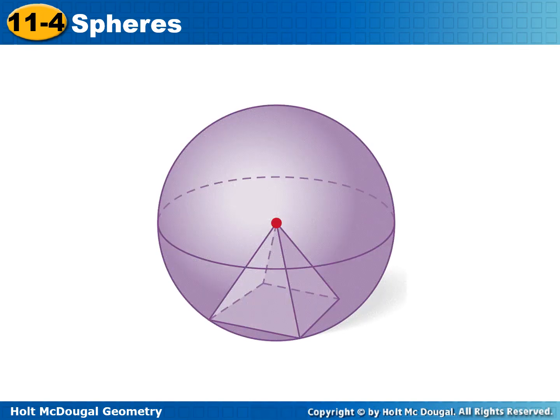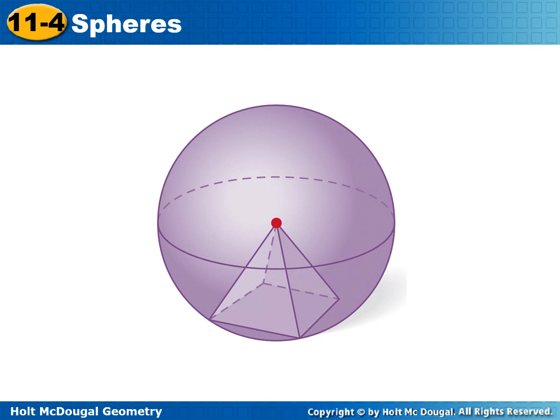The other formula that we're going to learn with a sphere is the surface area. So if you look at this figure, the vertex of the pyramid that's drawn inside the sphere is at the center of the sphere. The height of the pyramid is approximately the radius R of the sphere.